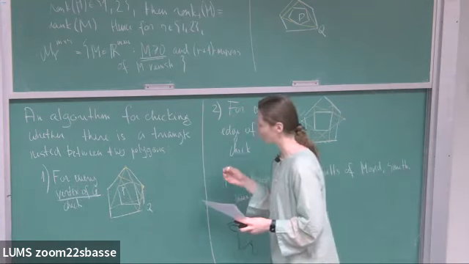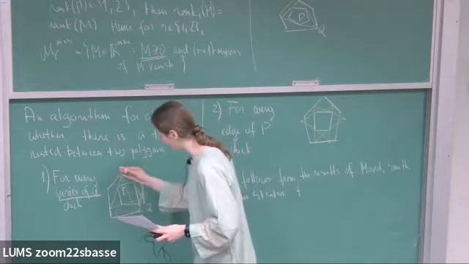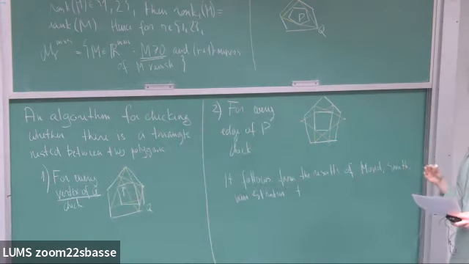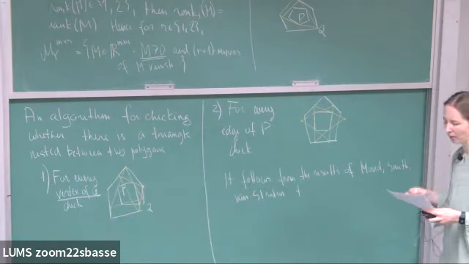We only have to check the number of vertices of Q plus the number of edges of P, the number of possible triangles.